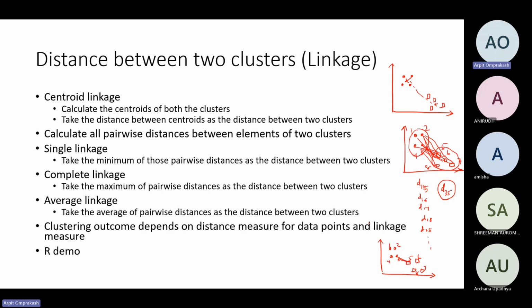If you take that distance as the distance between the clusters, then we term it single linkage. Okay. Now, to find the complete linkage, you take the maximum of the distances. So in this case, the maximum distance might be between 1 and 7. So the distance between 1 and 7 will be the maximum distance.